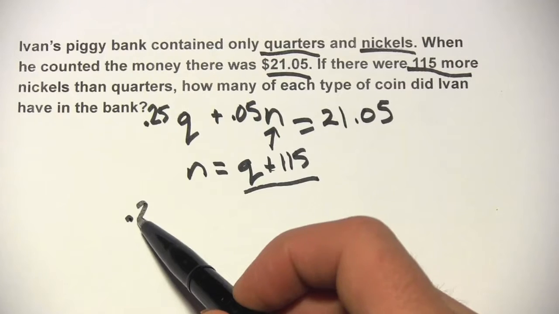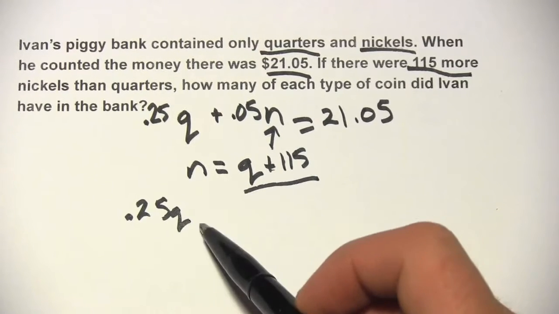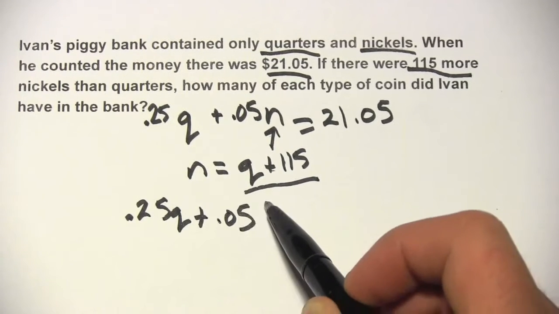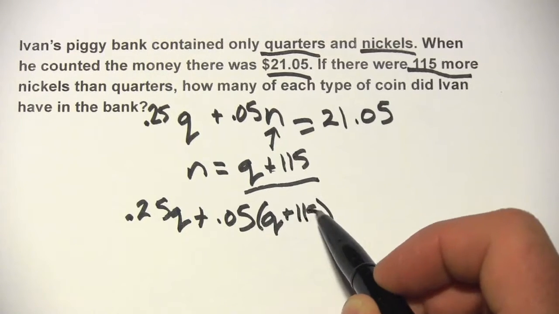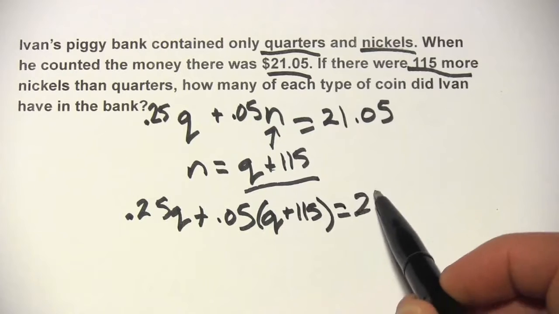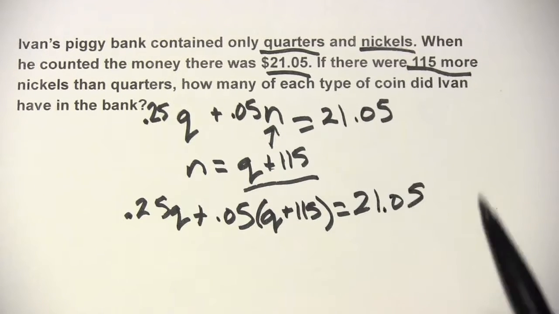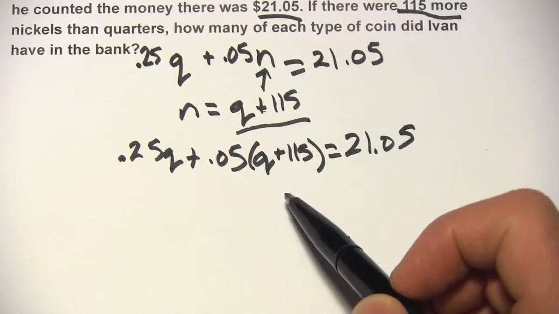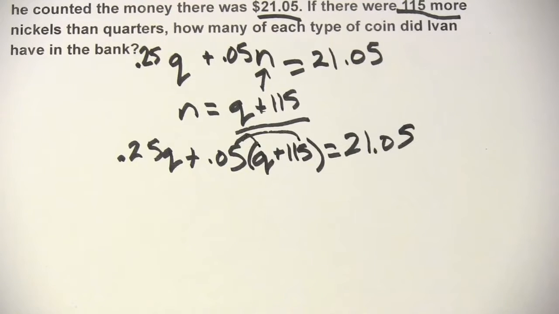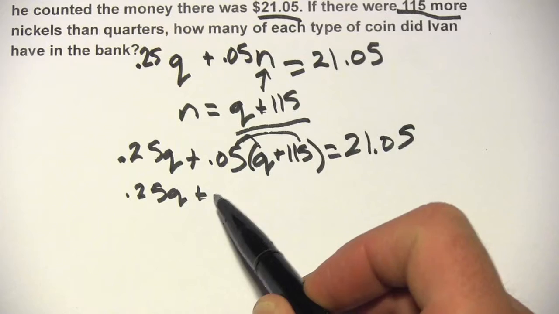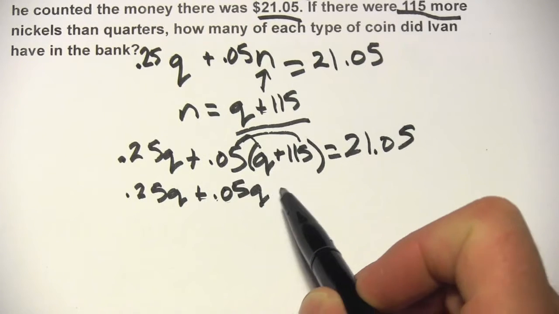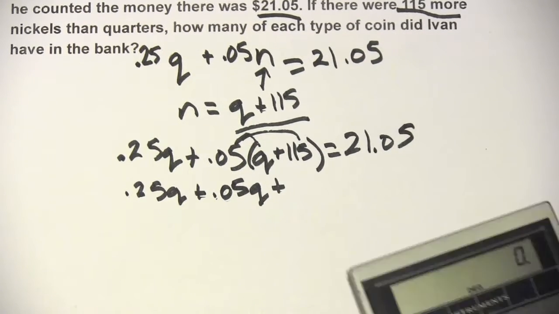Let's try that. So we get 0.25q plus 0.05, and instead of n, now we've got q plus 115. And all of that equals 21.05. All right, so we need to distribute the 0.05 here. So 0.25q plus 0.05q plus whatever 0.05 times 115 is.